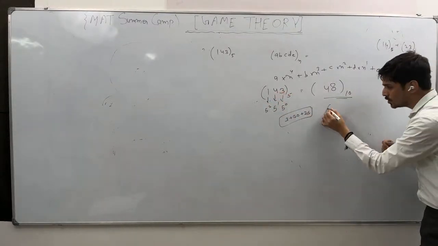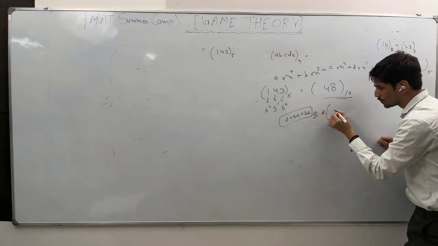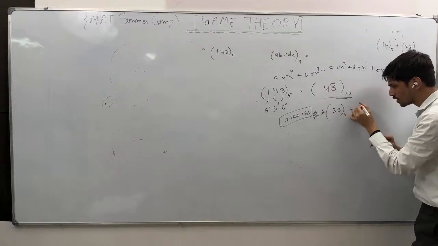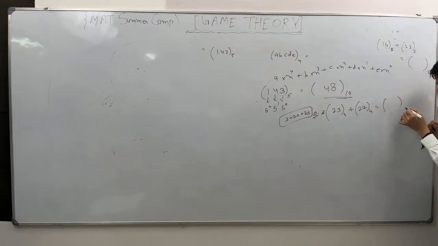Similarly, let's say you want to add these two numbers. If I give you a question with 23 and 22 equal to some number x, can you find the value of x from here?